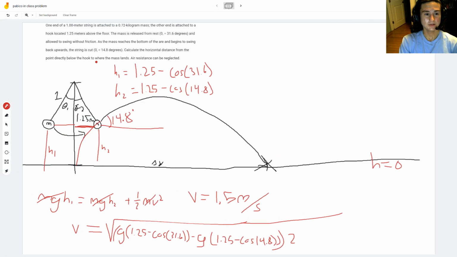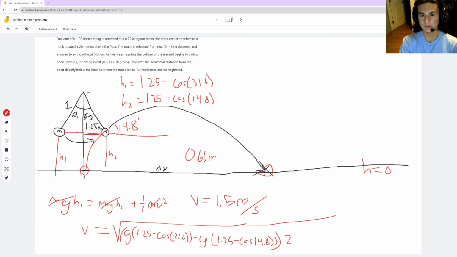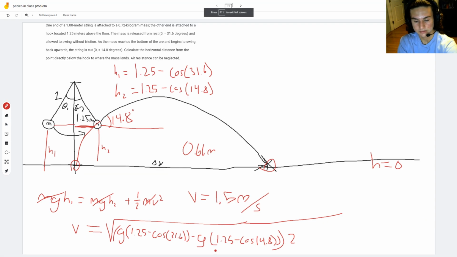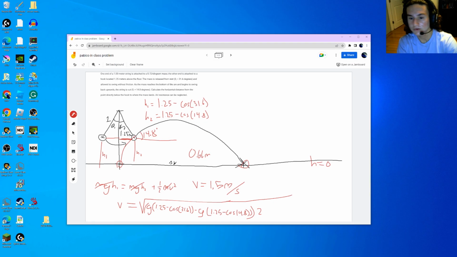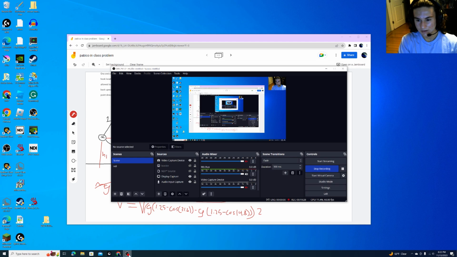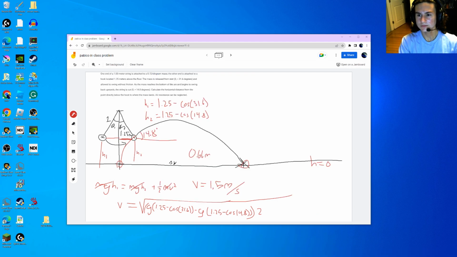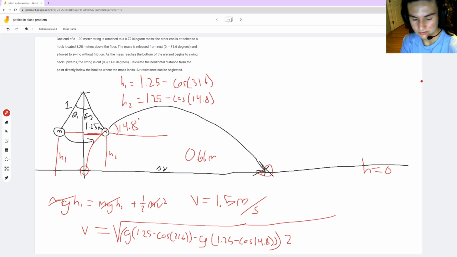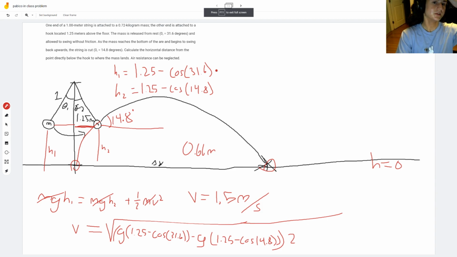It says calculate the horizontal distance from here where the point lands, and that is 0.66 meters. Just for reference, I'm going to check how long that took. That was 10 minutes.